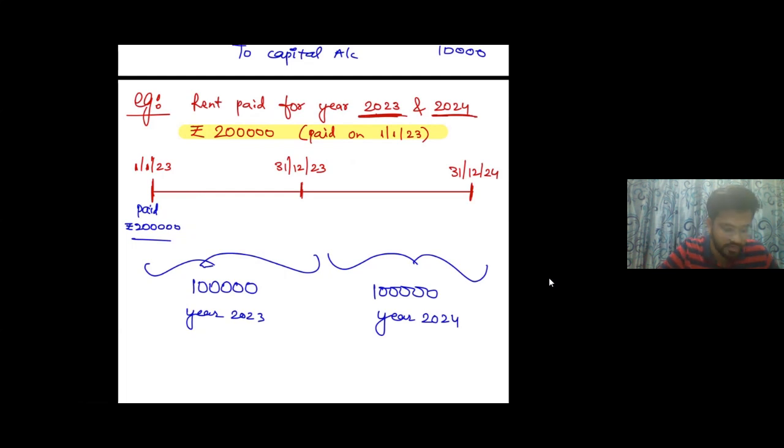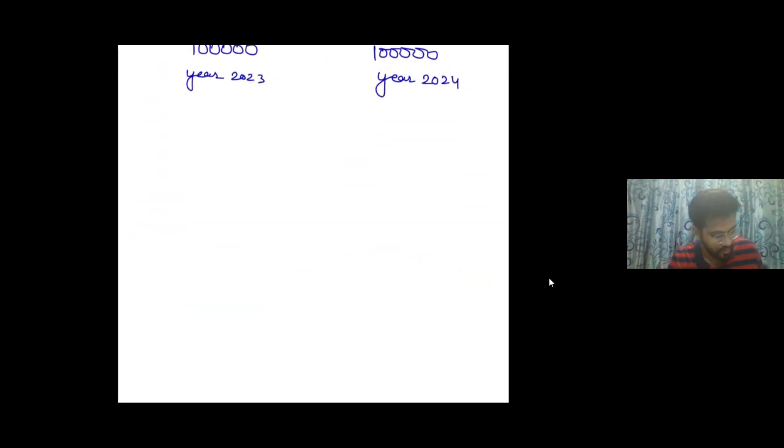Now, what will be the journal entries for this? If they have asked you what the journal entries are, how will you do the accounting of this situation? If I have paid 2 lakh rupees, my cash will go out on 1st of January itself. So let's do the journal entry for that. On 1st of January 2023, I am paying something for my rent.